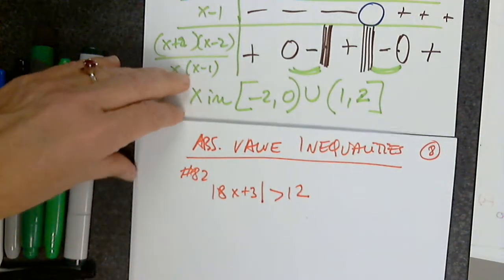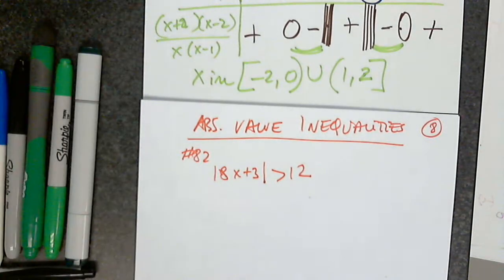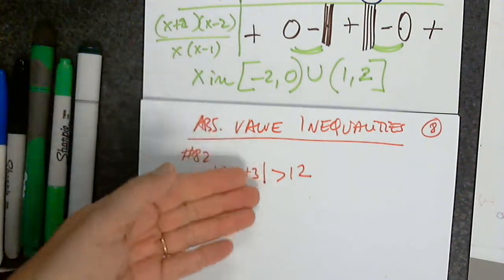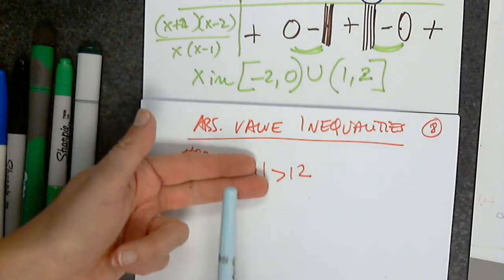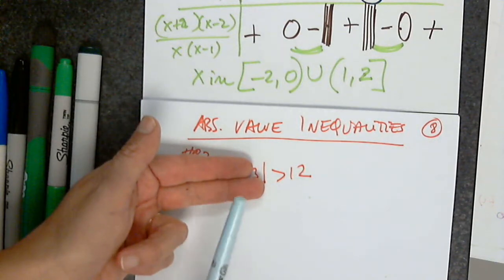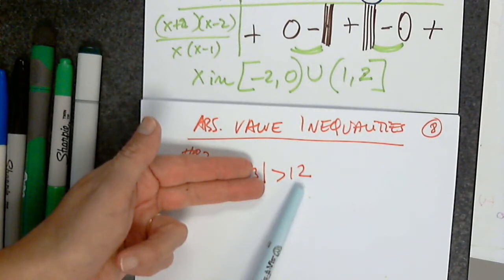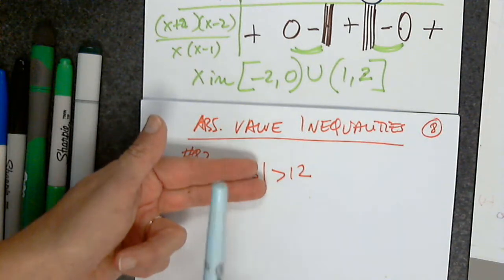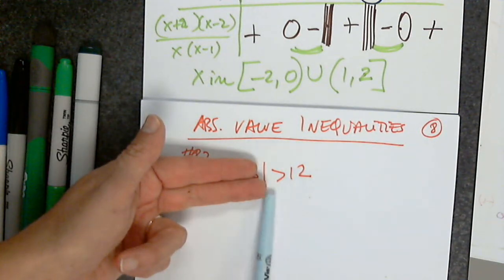Now, we teach this in the previous course, and this is what I tell my students, and I'm going to tell you too. I don't want you to memorize any of this. There are certain things that we have to memorize, but there is no need here. So here's the idea. I'm trying to find numbers whose distance from 0 is more than 12.